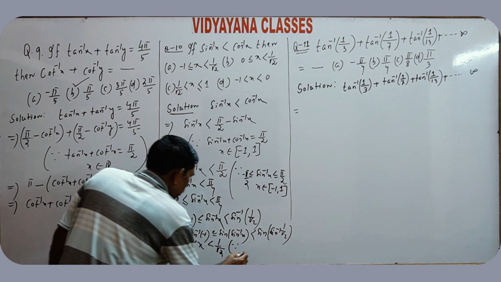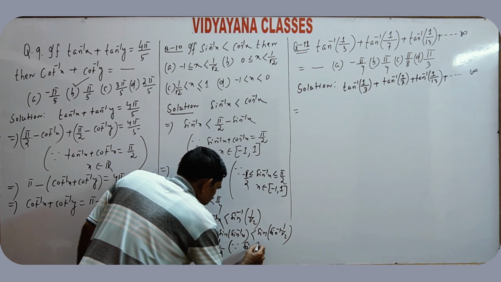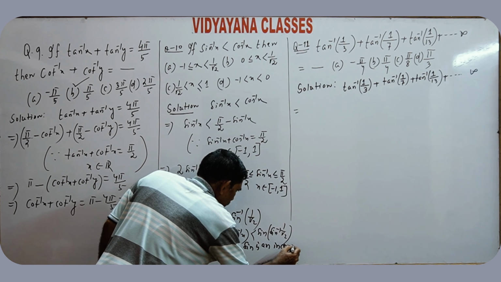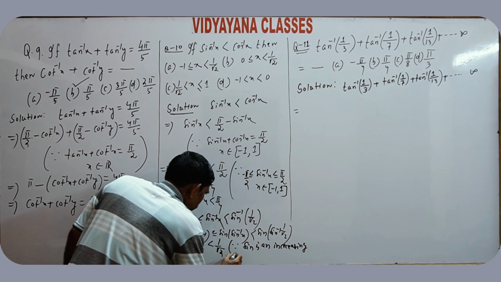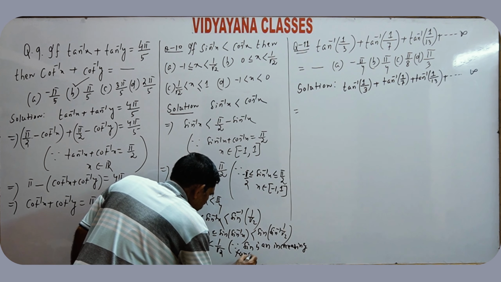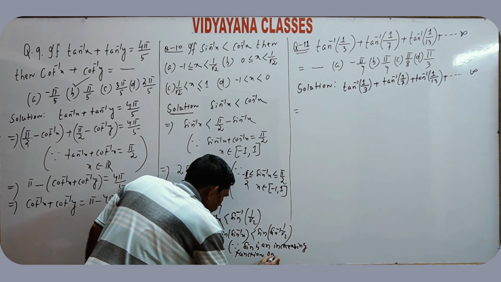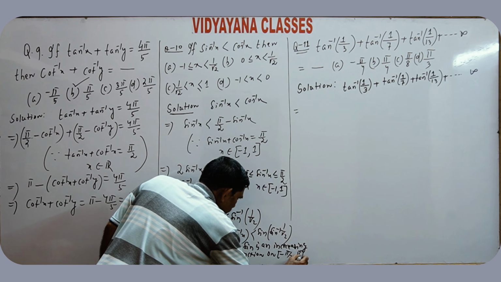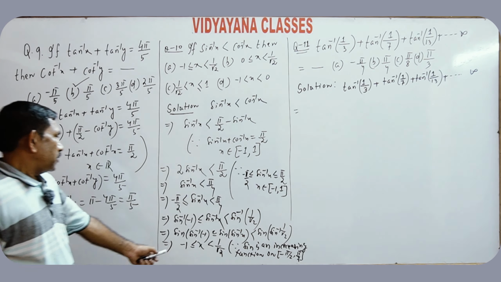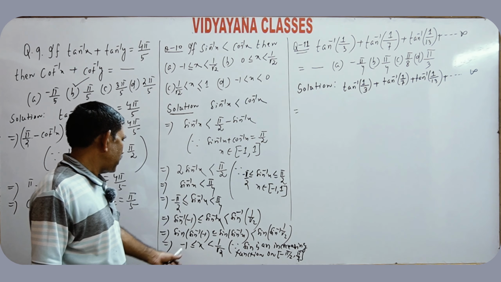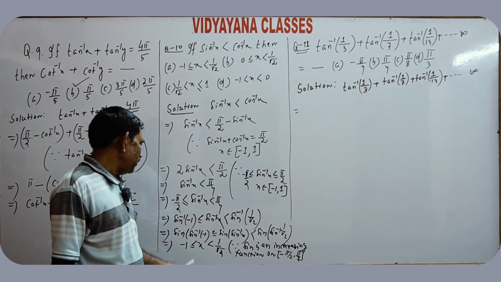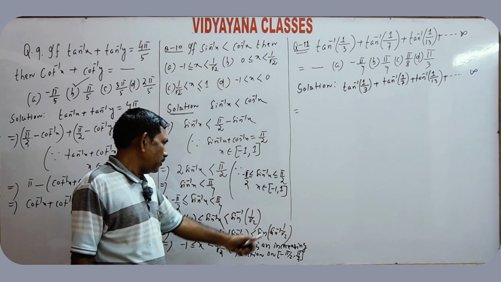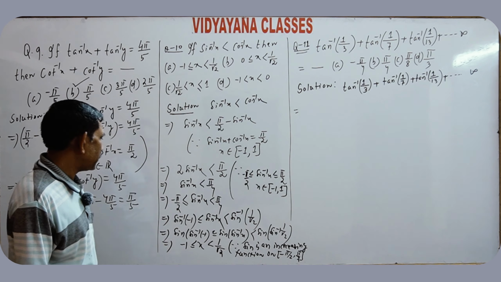Since sin is an increasing function on the interval minus pi by 2 to pi by 2, we can write sin inverse x is equal to minus 1, sin inverse x is equal to x, sin inverse x is 1 by root 2.